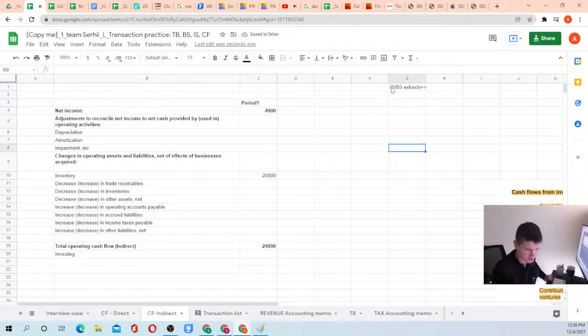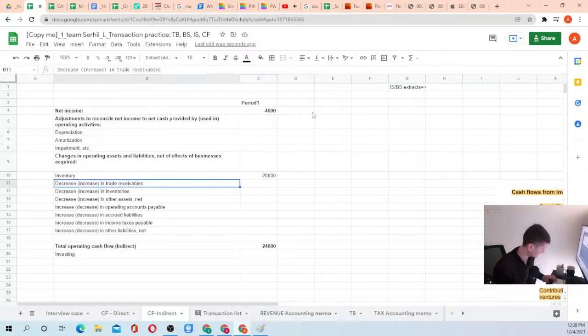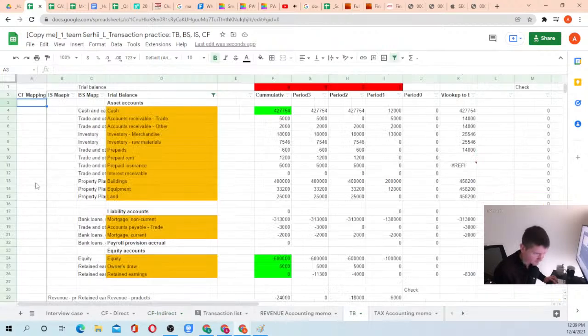So I will use a well-known sum-ifs formula to run that. Let's see. Net income. Let me think for a second how to compose it better. Okay, trade receivables, trial balance. Okay, I will only use trade receivables here.